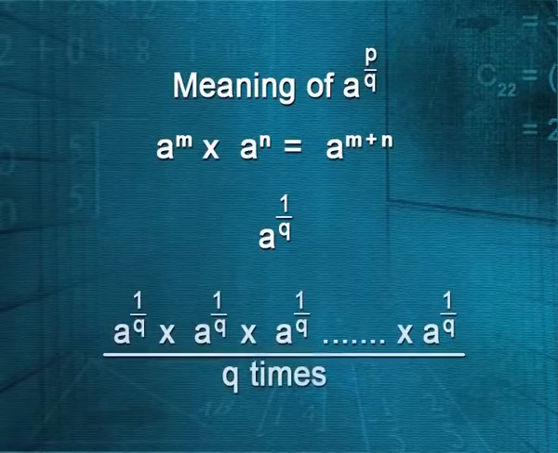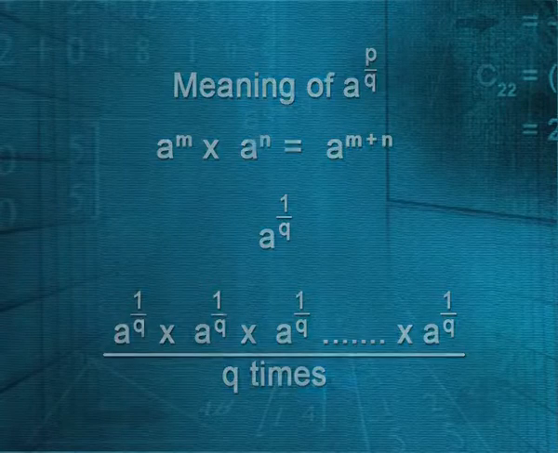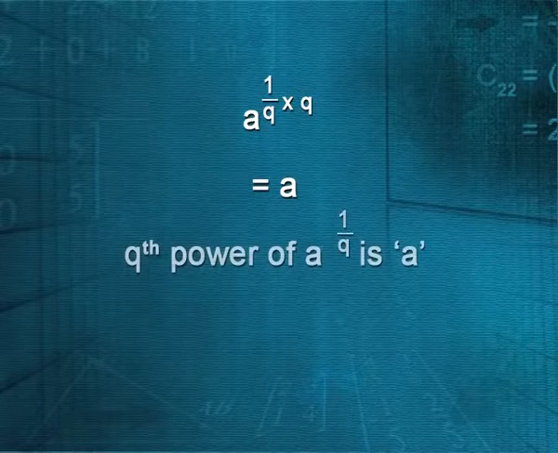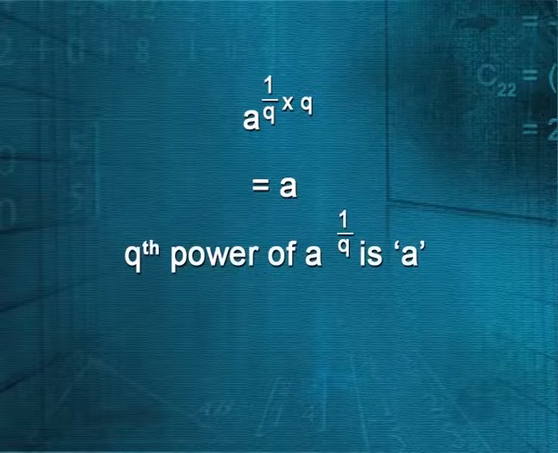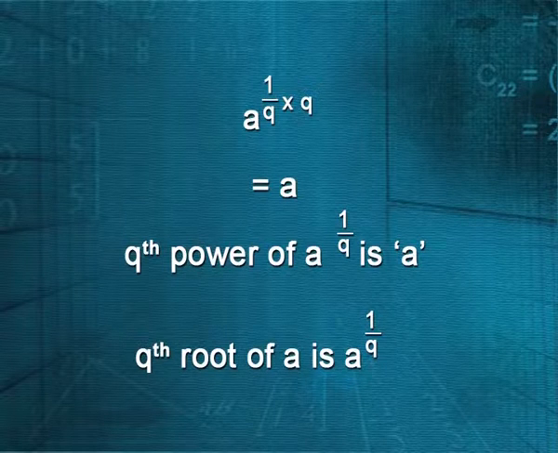If we write a raised to power 1 by q, q times, it is a raised to power 1 by q into a raised to power 1 by q into a raised to power 1 by q, q times, it is a raised to power 1 by q multiplied by q, which is equal to a. That means the qth power of a raised to power 1 by q is a, or you can say the qth root of a is a raised to power 1 by q.